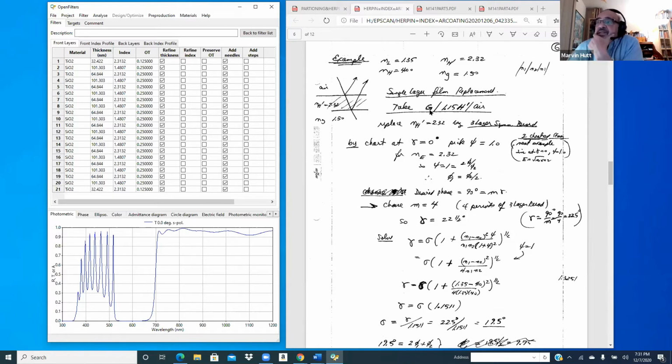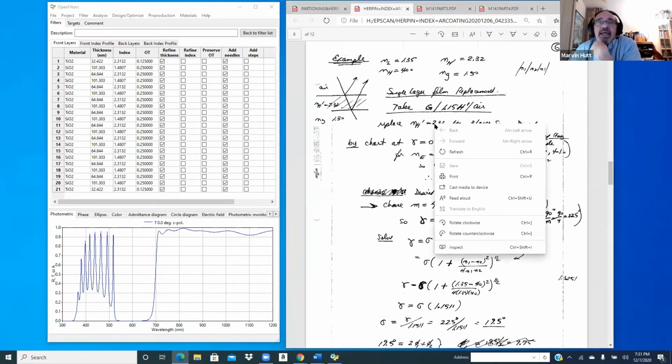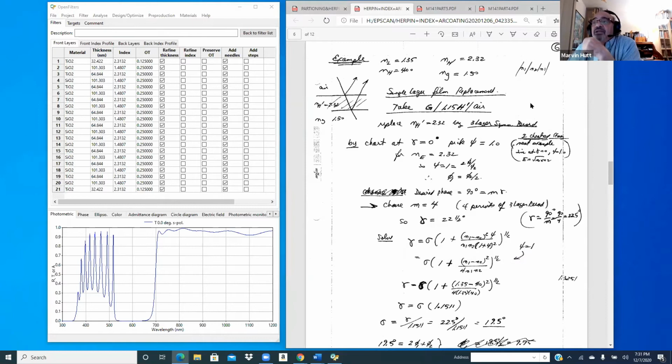Now look, this is glass. I'm putting on 2.32 index. So what am I going to get? I'm going to get a reflection increasing film. This is a beam splitter. Okay? I expect the reflectivity to be higher because the index is higher than the glass. And it's a single layer film.